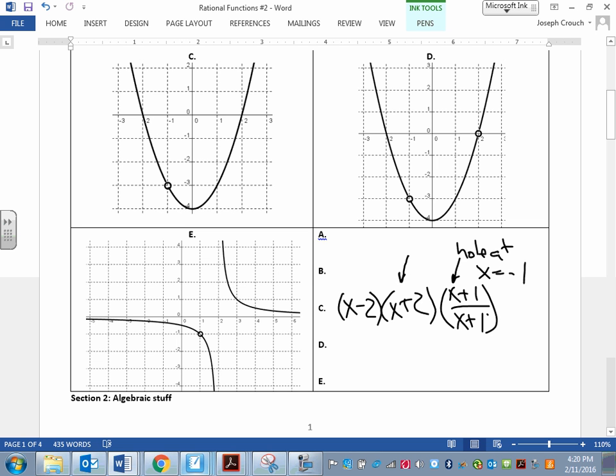The x plus 2 right here gave us the x-intercept at x equals -2, and the x minus 2 gave us the x-intercept at x equals 2.